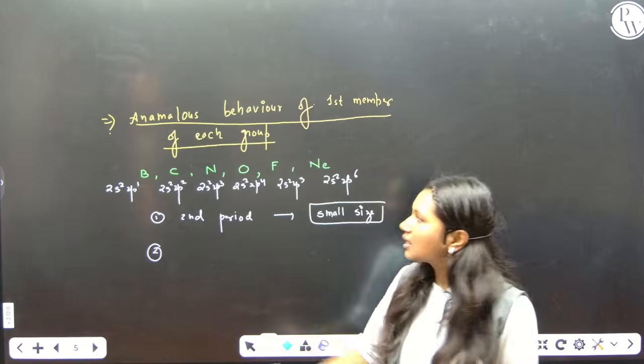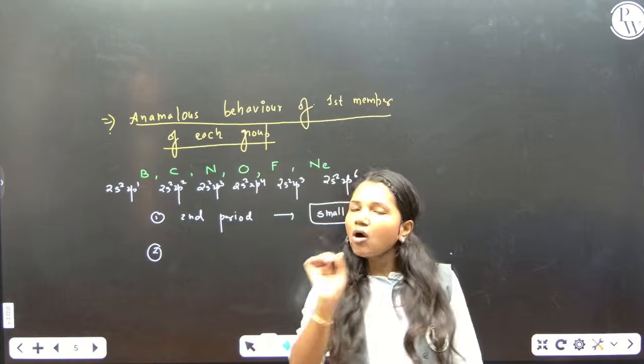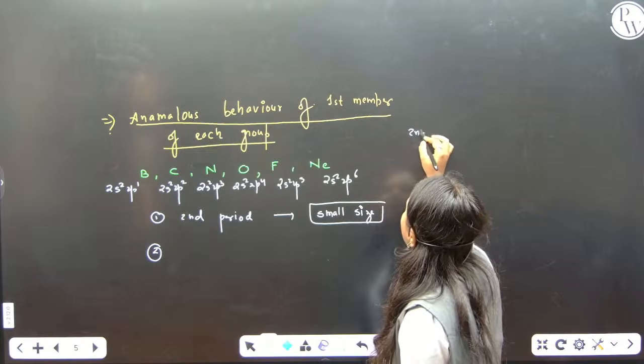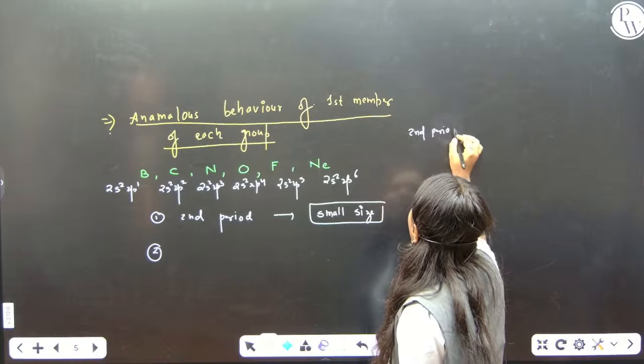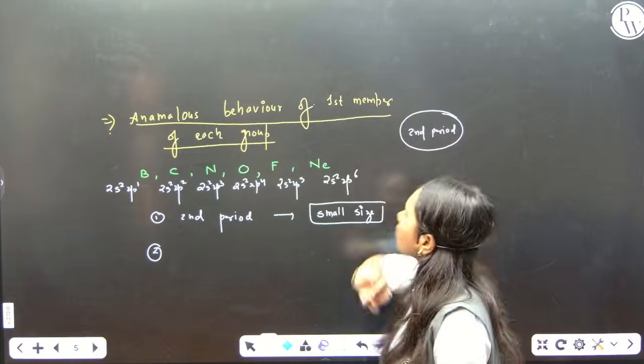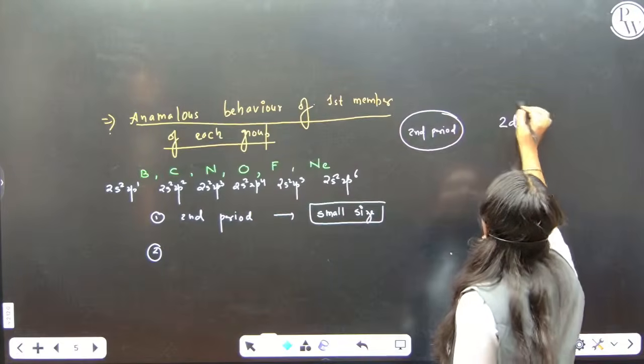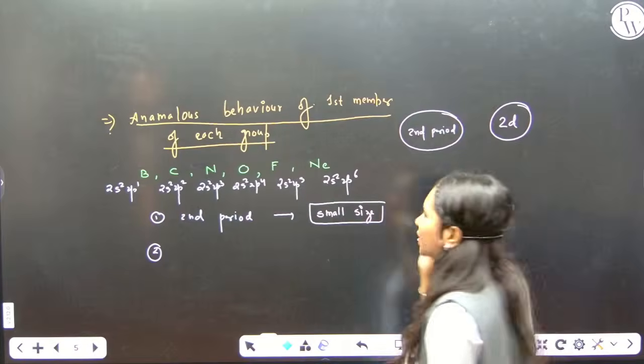The second thing is, they all are from the second period. If they are from the second period, do you think they will have d orbitals? Do you think 2d exists?